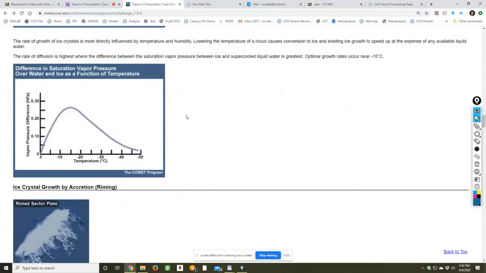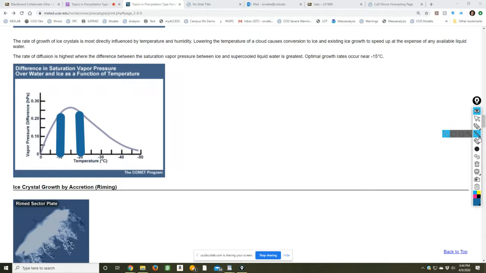Now, this stuff with vapor pressure, I'm not going to worry about this a whole lot, but the idea is this. Between about -10 and about -20, that's where this happens most effectively.